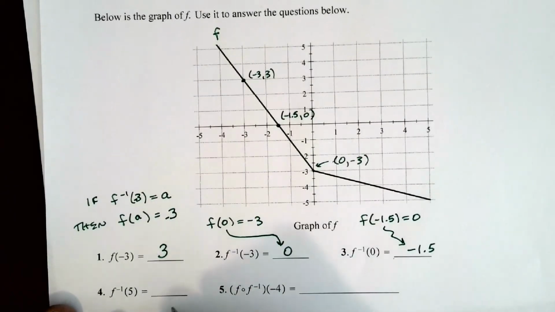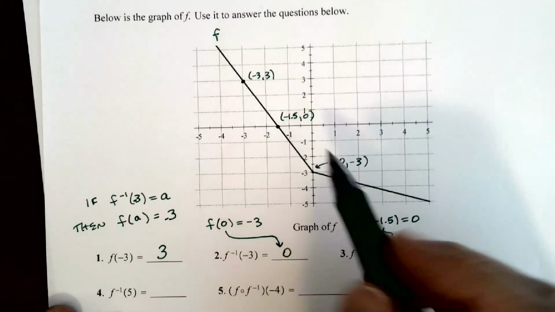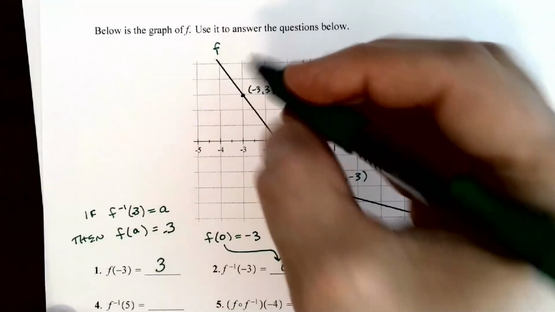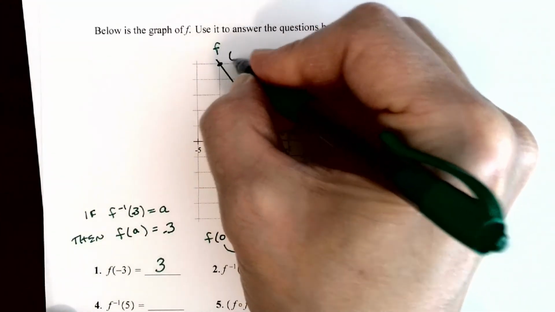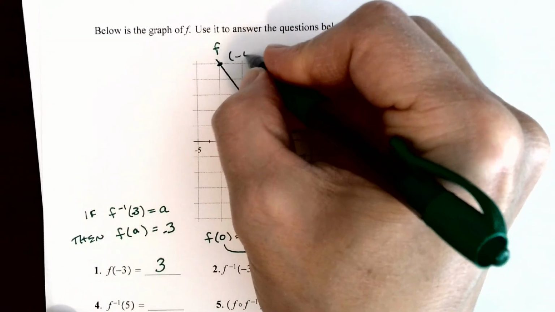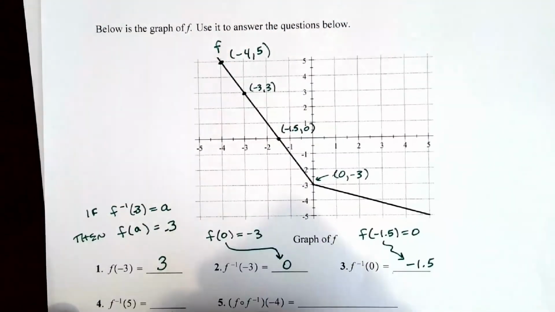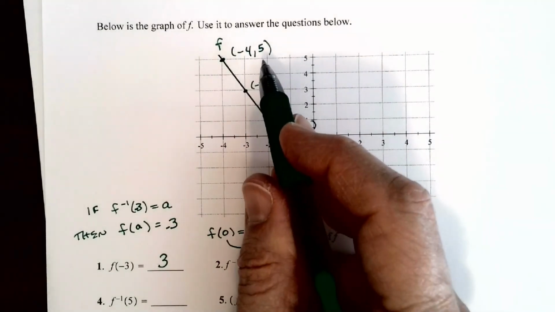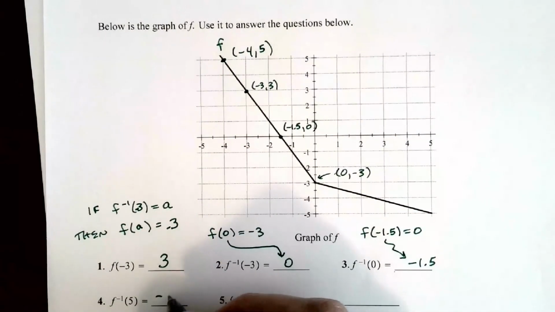What's f inverse of 5? When is the function's output equal to 5? Where is an output of 5? Way up here, at this point, the coordinates negative 4 comma 5. So f of negative 4 equals 5. So f inverse of 5 is equal to negative 4.